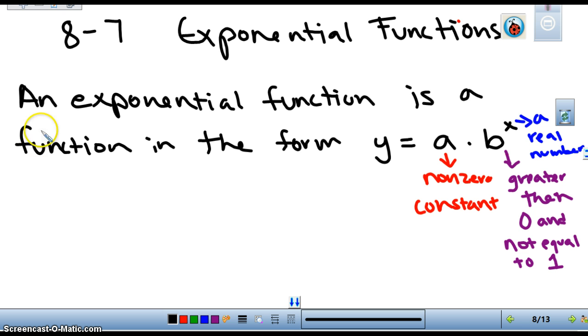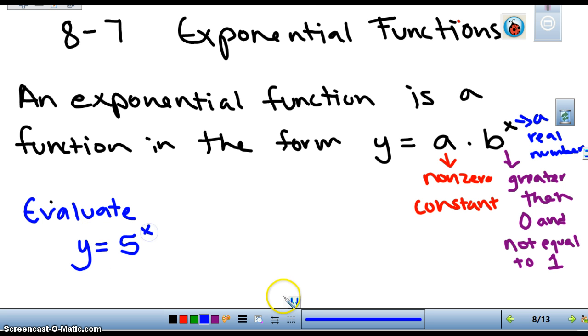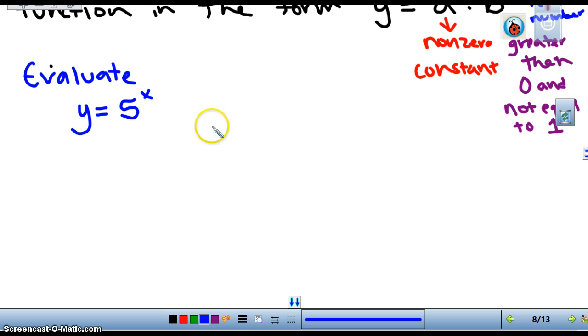Well, let's start using it. If we have to evaluate y equals 5 to the x power when x equals 2, 3, and 4, we can create an x and y table.